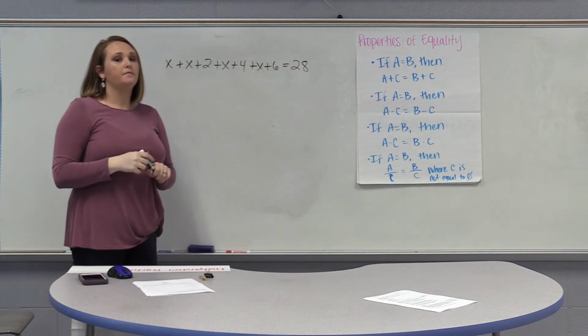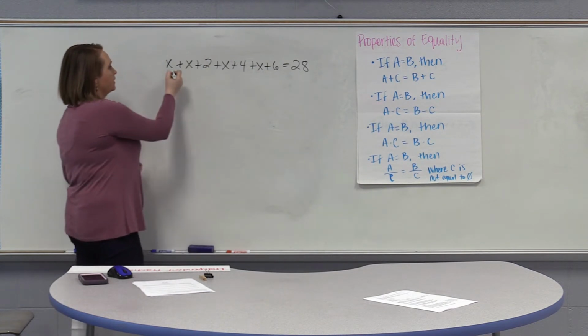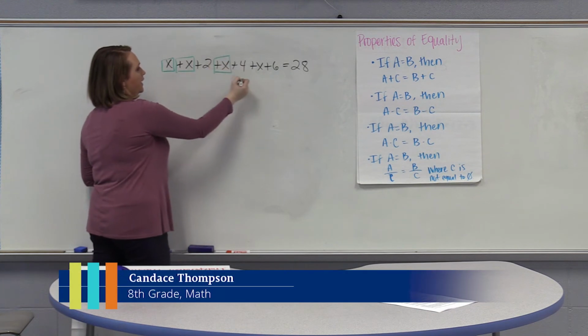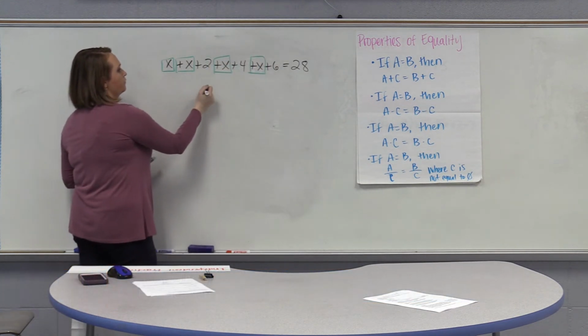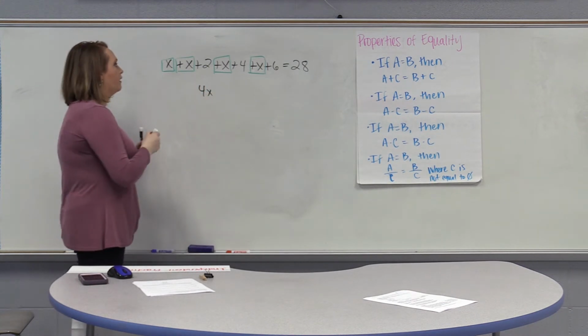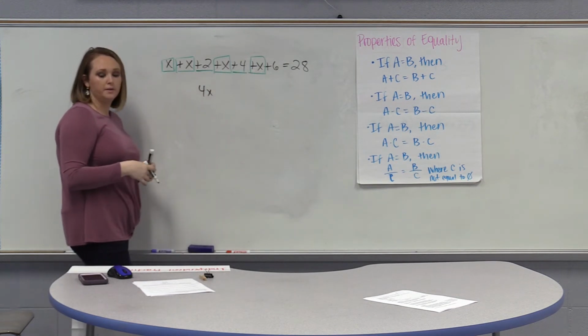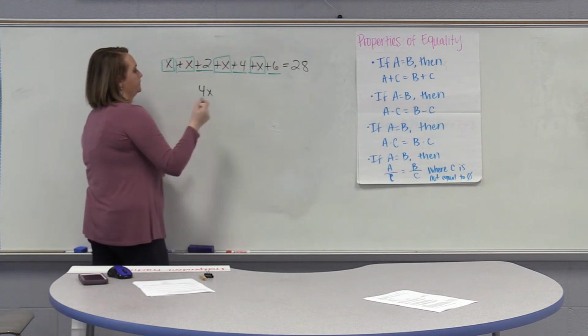The left side of the equal sign can be transformed by combining like terms. So I can combine all of the terms I see that have an x, and that would give me 4x. And now I'm going to combine all of my constants. So 2 plus 4 is equal to 6, plus 6 is equal to 12.